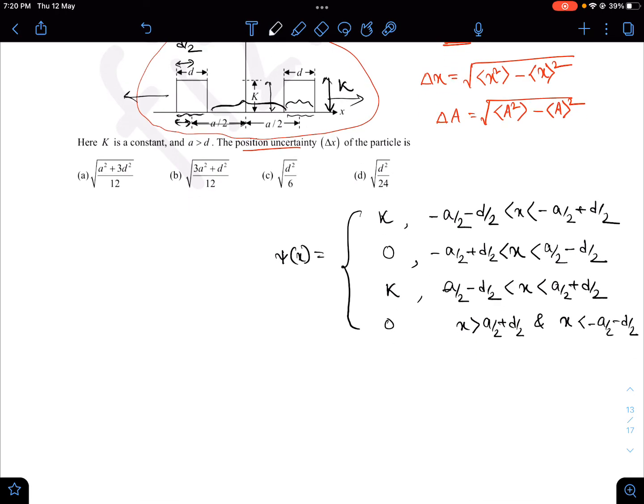So we have to find the value of k. Now we know that the wave function must be normalized, because the square of this wave function represents probability.